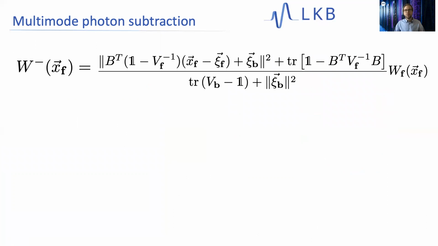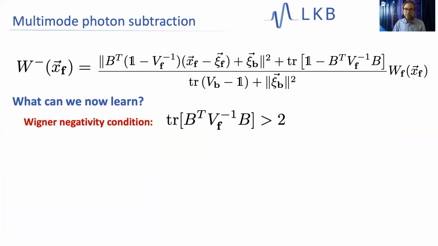So this is the Wigner function that I obtain. Looks a bit ugly, but we can actually learn a lot of things from it. For example, we can get a quite elegant negativity condition. How do we do this? Well, we have this modulus squared here. It looks quite ugly, but the fact that it's a modulus squared means that it's always larger than 0. It turns out that you can always find a value in phase space xf where it does become 0.